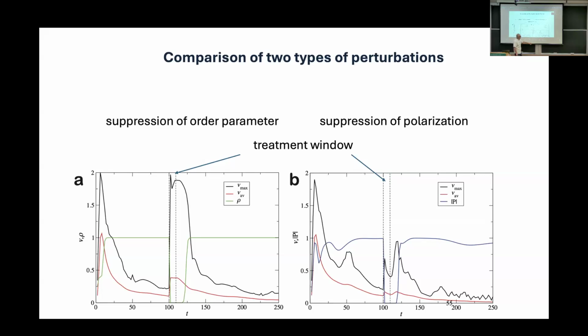What is interesting is that if we disrupt polarization, we have some sort of echo effect. Because of the global rearrangement, the global force balance changes, and you have an echo effect. You have a first response right after the perturbation, an increase of the velocity, and then after some time the velocity increases again. So there are secondary and tertiary peaks.